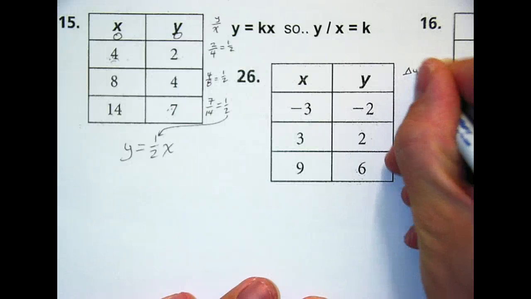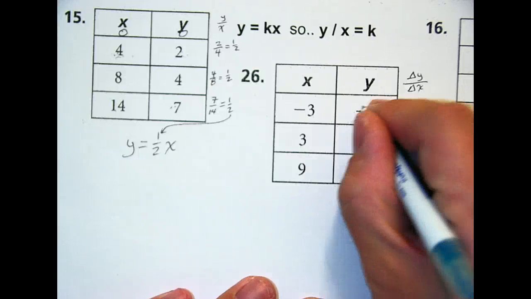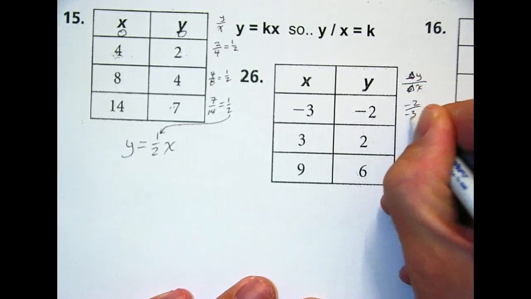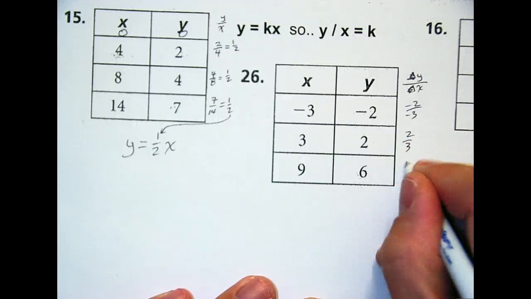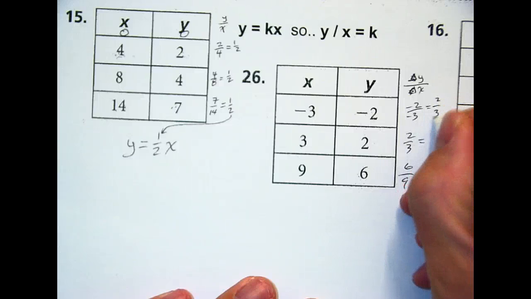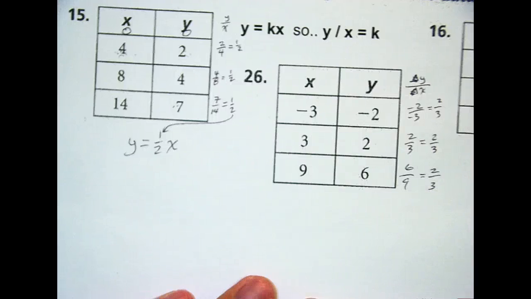All right, so y over x. We're just going to go y over x. So -2 over -3, 2 over 3, and 6 over 9, all equal 2/3. So Audrey, what's our function?